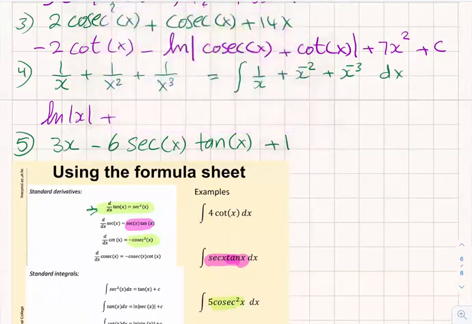Now the 1 over x is ln x. For x to the power minus 2, you add 1 to the power and divide by the new power, so this is going to be x to the power minus 1 over minus 1, which is minus 1 over x.